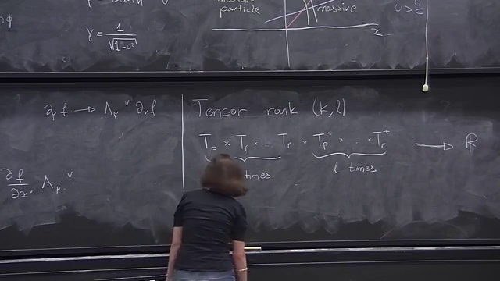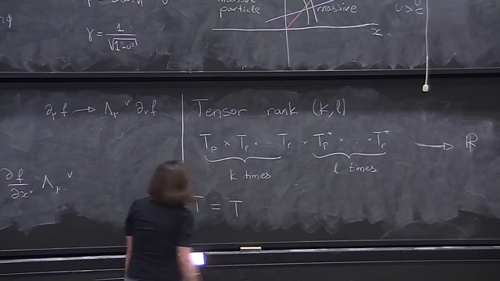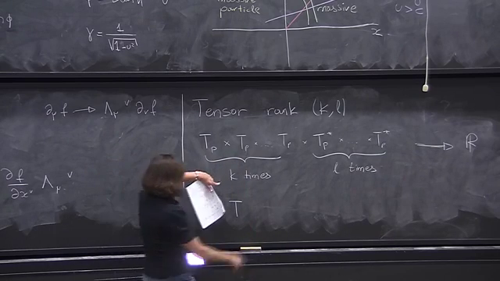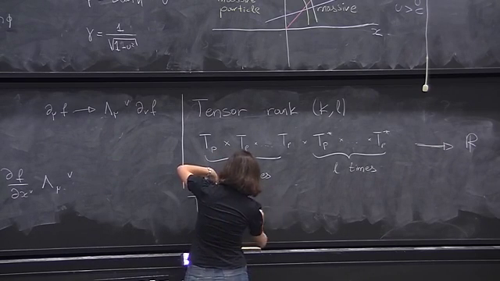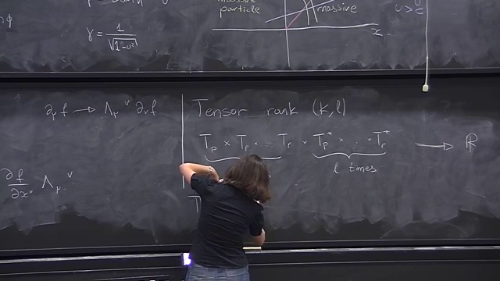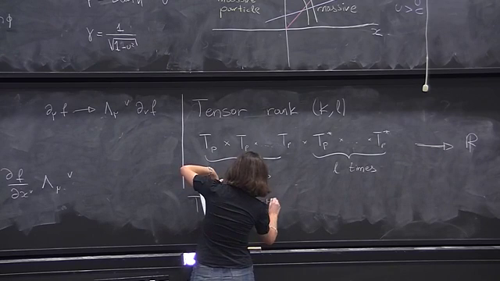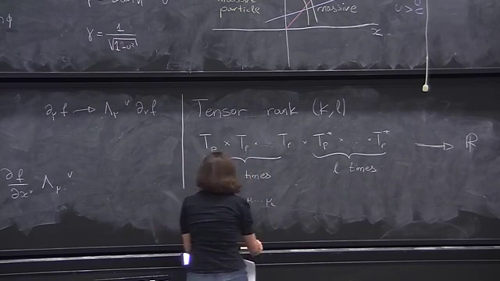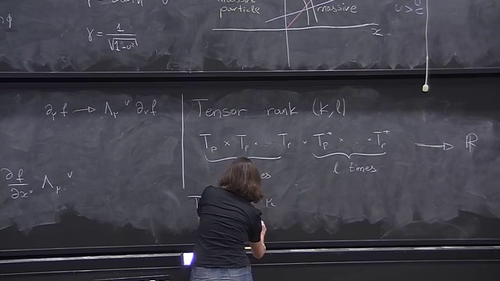Let's say I call this object T. Then this will have K raised indices, mu1 up to mu k, and L lowered indices.